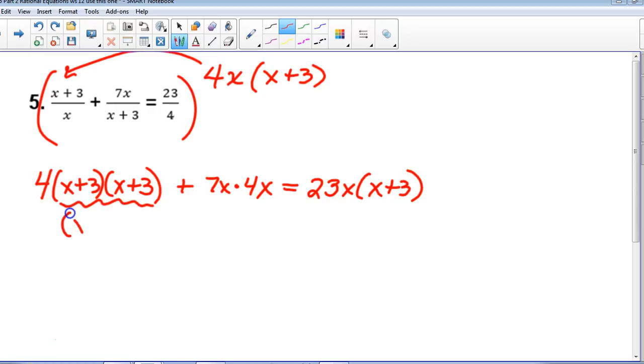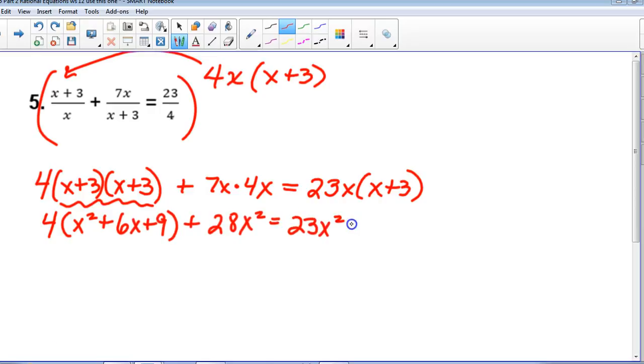If we FOIL those together, we get x squared plus what? Plus 6x plus 9. There we go. And we still got to distribute that 4. You could have distributed it first, but I like to FOIL those first. 28x squared equals 23x squared plus 69x.